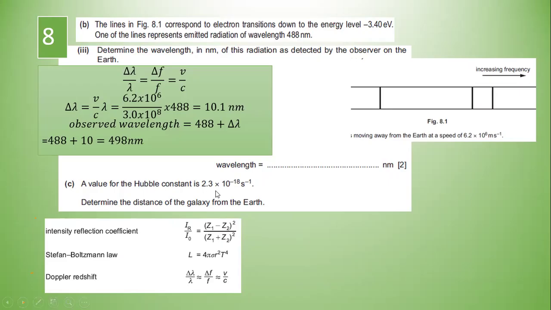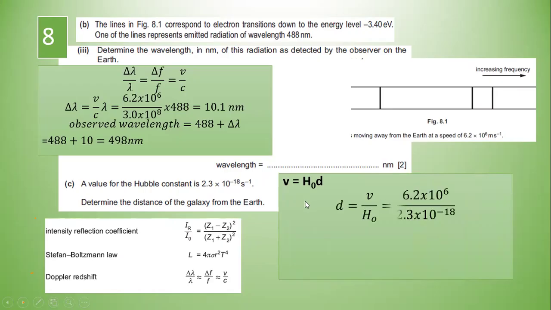Value of Hubble constant is this one. Determine the distance of the galaxy from the Earth. That's the equation: speed of the galaxy, distance of the galaxy from the observer, and this is Hubble's constant. So d is v over H naught. v is that one there.